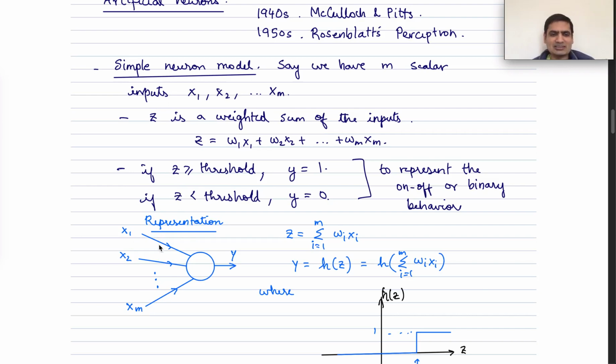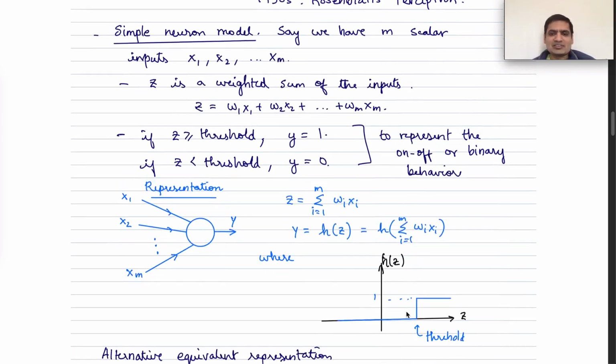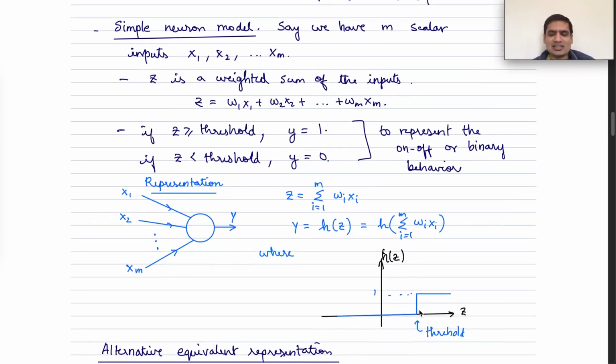You would represent this as: inputs, neuron, output. Z is just a weighted sum of all the inputs, and then Y is some function of Z. This function, h of Z, is the threshold function. It's 0 until you cross the threshold, and then it's 1.